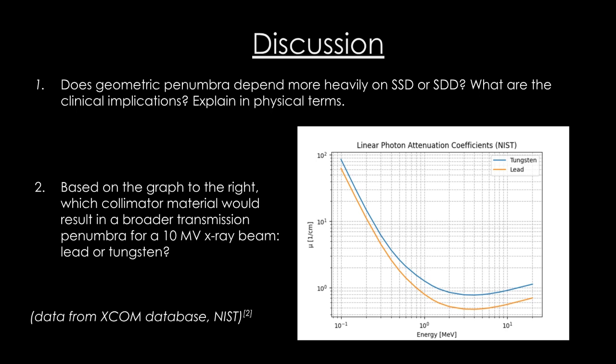Second, based on this graph to the right, which shows the linear attenuation coefficients of tungsten and lead across an energy range from 100 keV to 20 MeV, which material do you think would result in a broader transmission penumbra for a 10 megavolt X-ray beam?